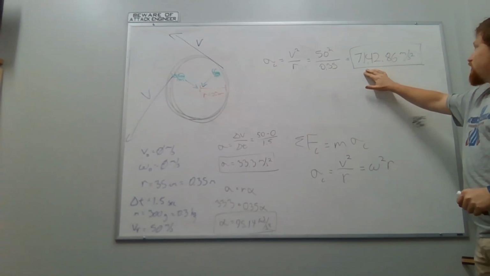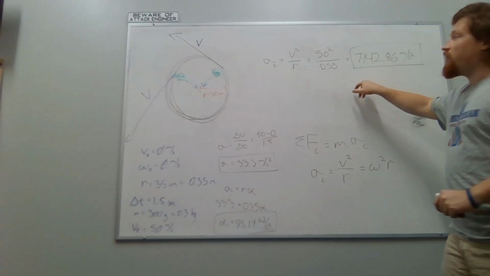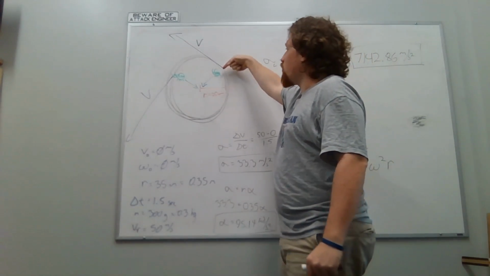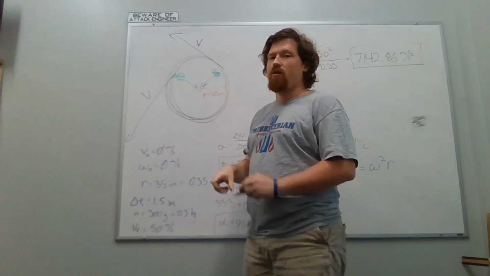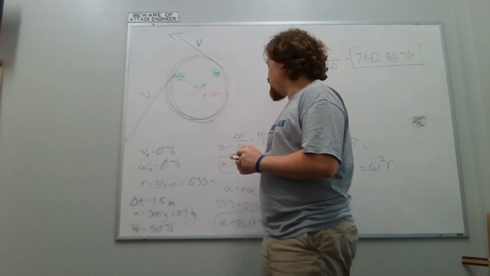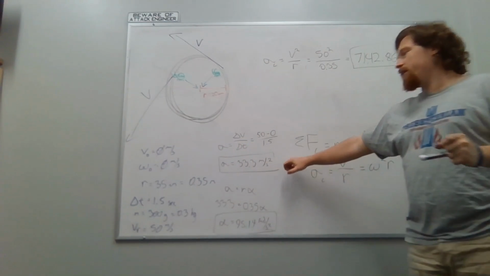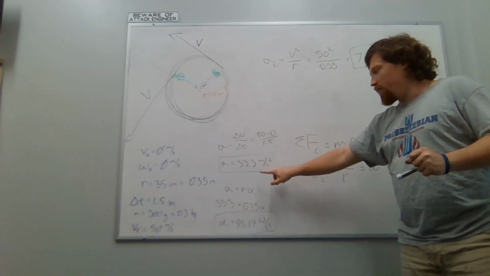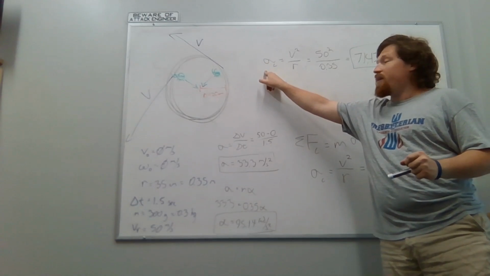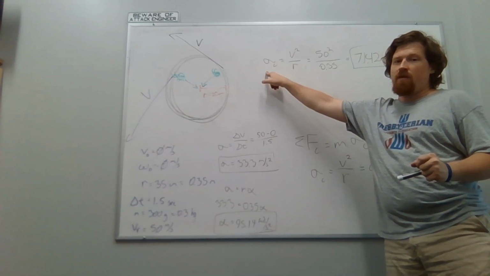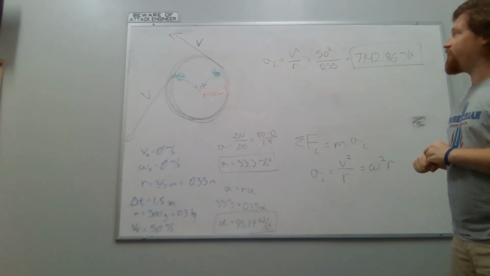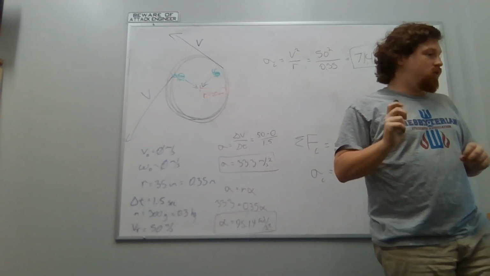This centripetal acceleration represents the rate at which the rock was accelerating towards the center of the circle. It is a different value to the other accelerations. That's why they all have different symbols. We have A, we have alpha, and we have AC. All of these accelerations are different. They all have different formulas. Don't mix them up.